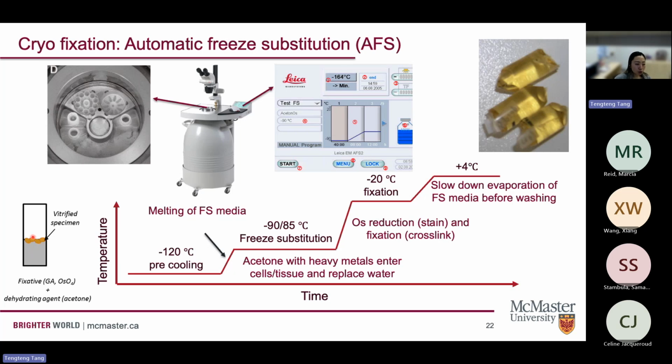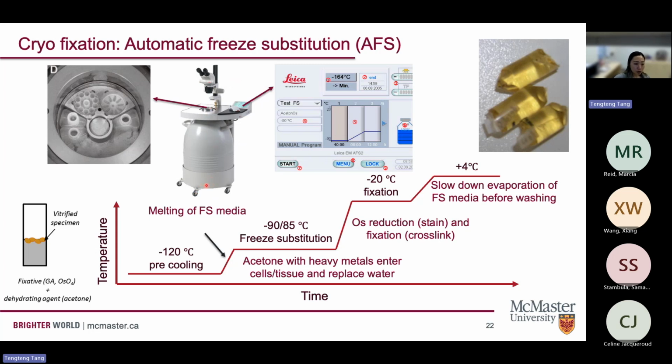Then you have to transport your sample into a vial that contains the fixative and those heavy metal staining agents, as well as dehydration agent, mixed together with the liquid nitrogen, because the sample still has to be under the cryogenic condition. Then you will put this vial together with the sample and with all those cocktails mixed together into the chamber, into a freeze substitution machine, as an example here.